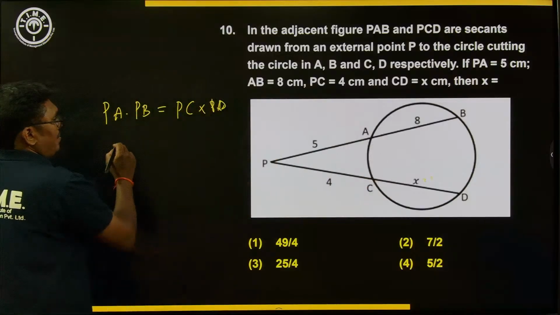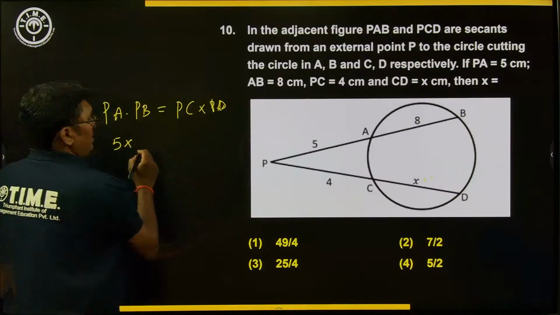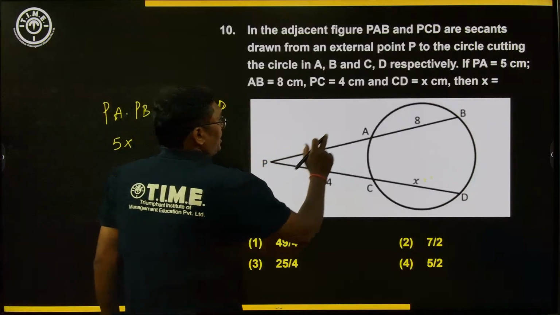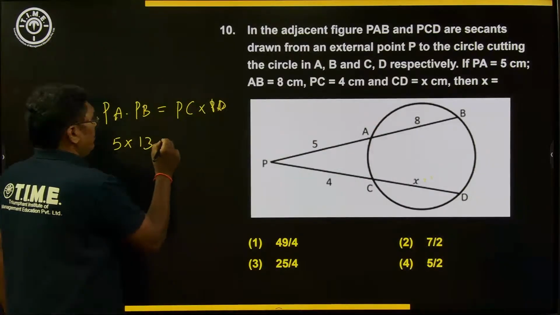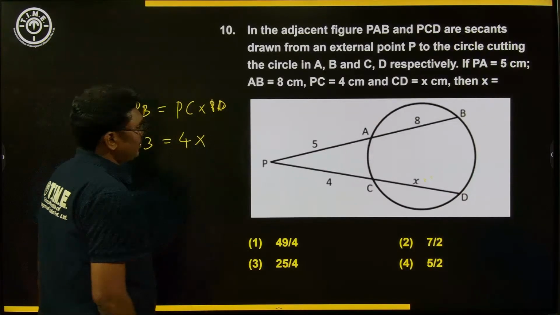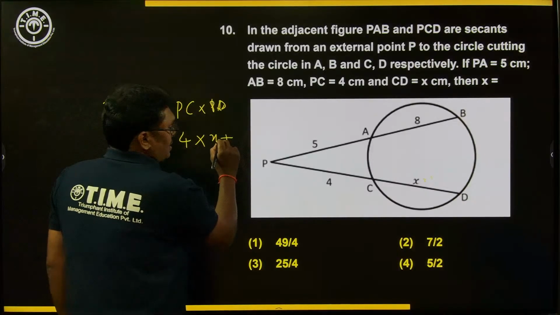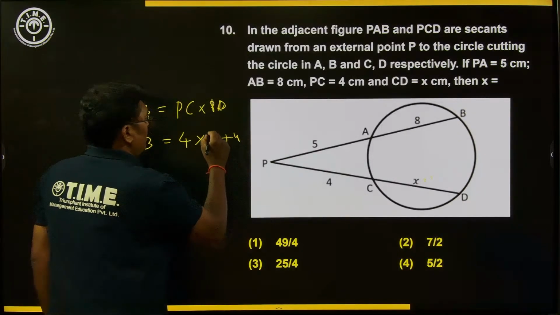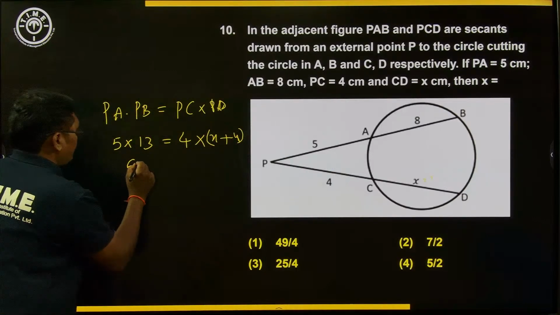So what is PA? PA is 5, into PB. PB is not 8, it is the total, 5 plus 8, that is 13. What is PC? PC is 4, into PD. PD is 4 plus x, or x plus 4, right? So this is 65.